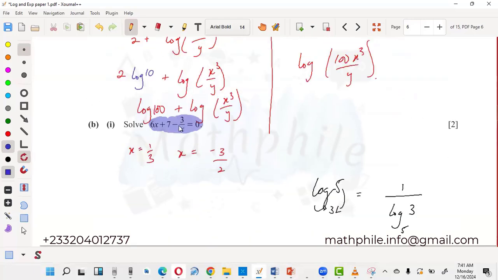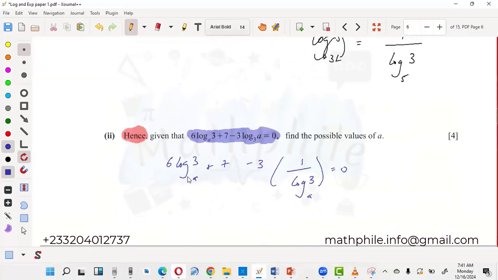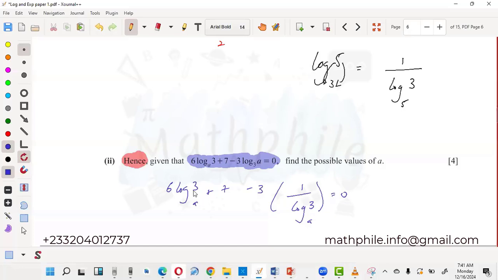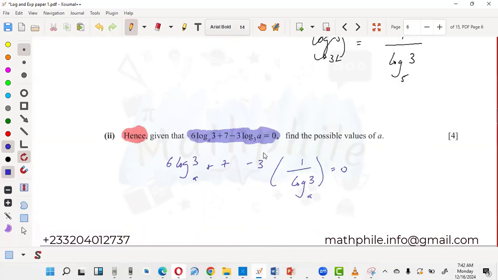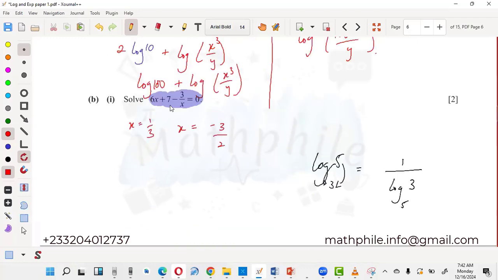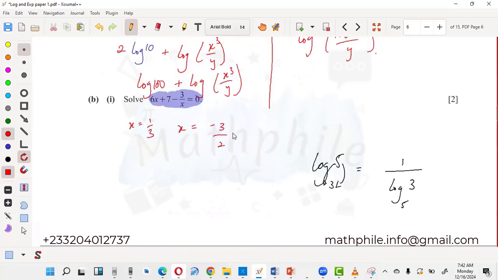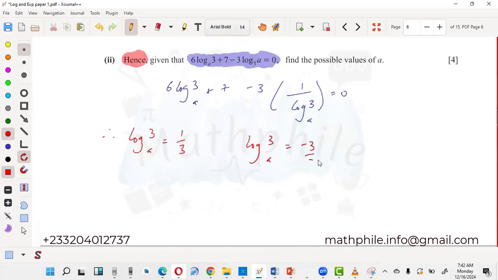So by comparison, you can see that it's the same as the question we solved. The x is now replaced with log 3 base A. So from there, we can say that therefore log 3 base A is equal to the answer you got in the previous question, which is 1 over 3. Then log 3 base A, and the answer we got in the previous question was negative 3 over 2.